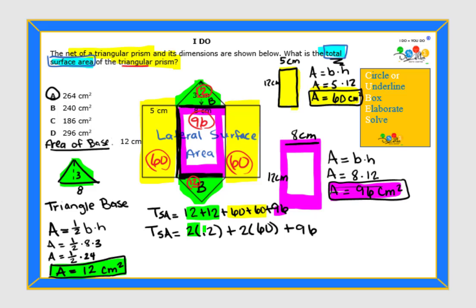Again, the two 12s are the two bases, the two 60s are the two congruent lateral faces, and then we had that other lateral face. So let's go ahead and simplify that. 2 times 12 is 24, and 2 times 60 is 120, and 96.